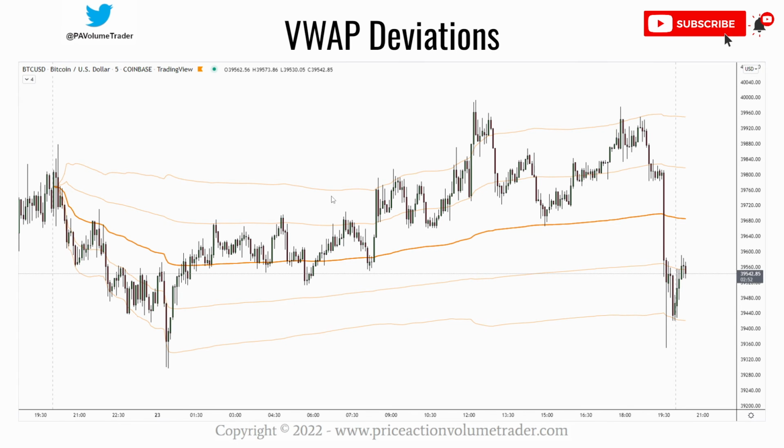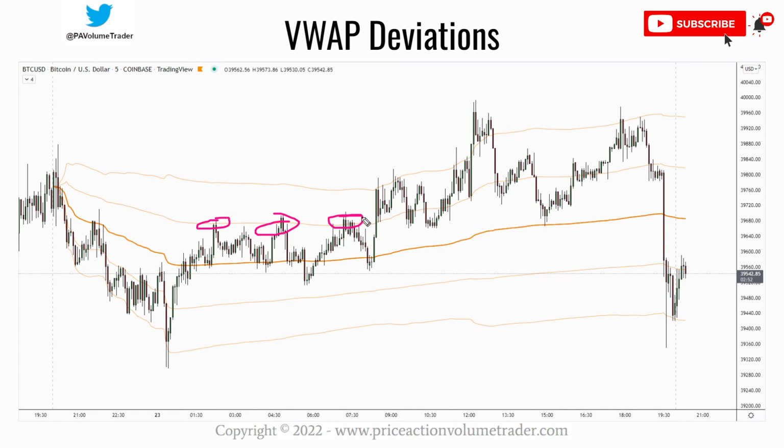I mean, you can put as many deviations as you want, but I pretty much only use the first and the second. These are by far the most likely to be hit. On very strong trend days, you could even maybe hit the third, but I think first and second is what I mostly use.